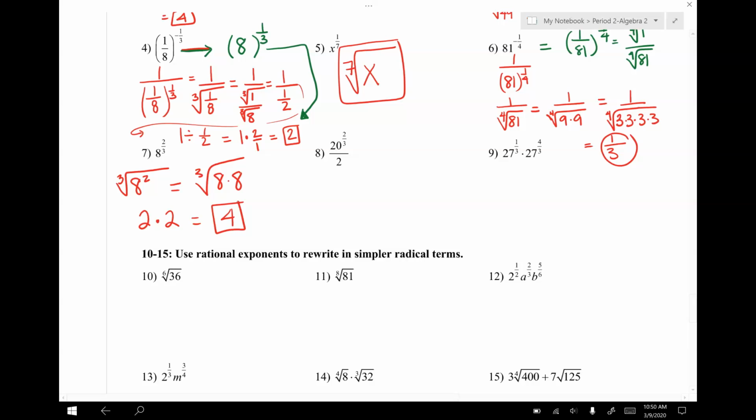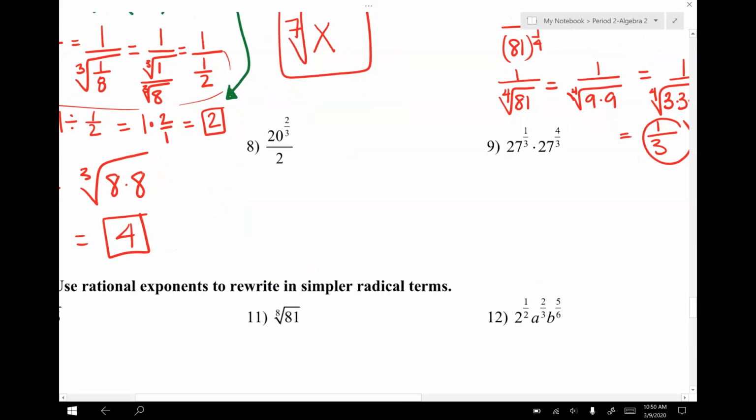20. What's your numerator and what's your denominator? Numerator is 20 to the third, to the second? Second. What's your index? 3. All over 2. Should we go and do 20 times 20 and then 400 and then break it back down?